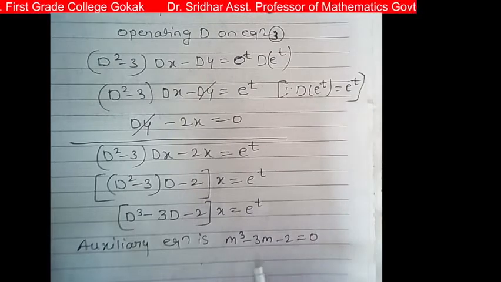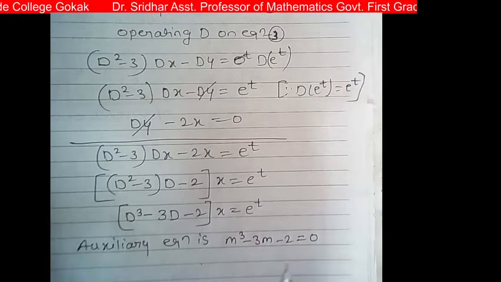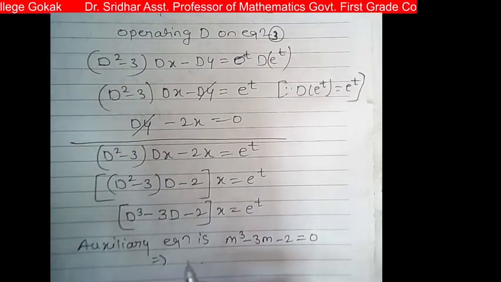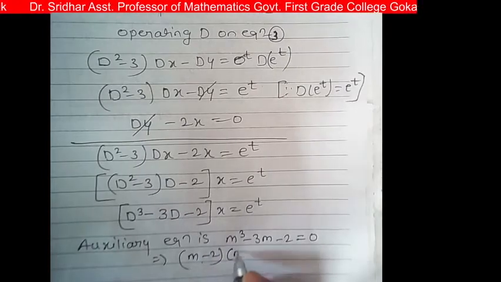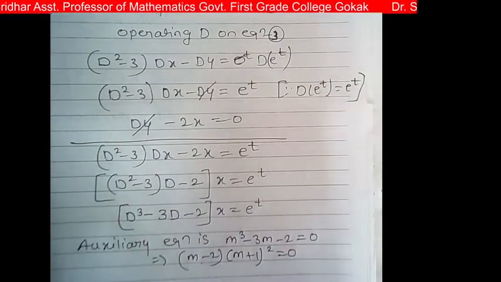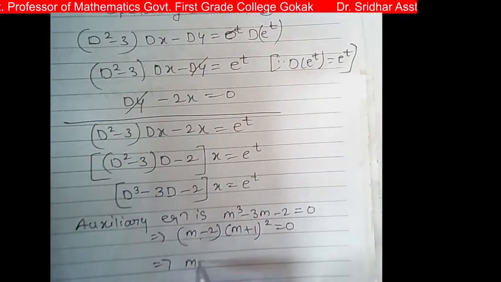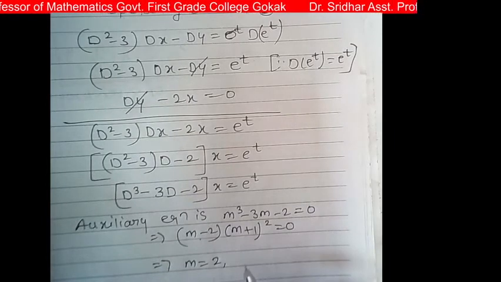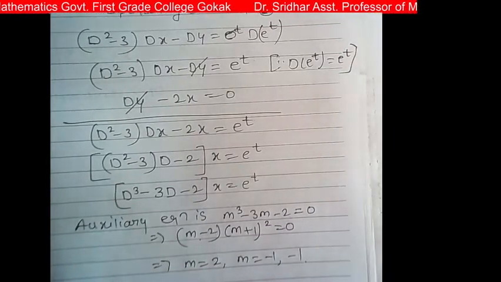Now solving this equation, factorizing it, we get m minus 2 into m plus 1 whole squared equal to 0, which means m is equal to 2 and m is equal to minus 1, minus 1.